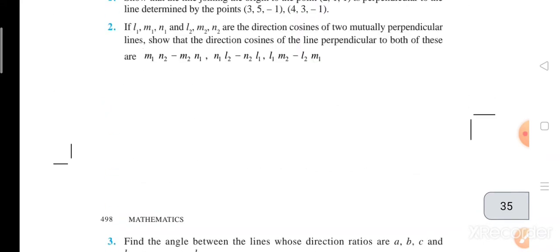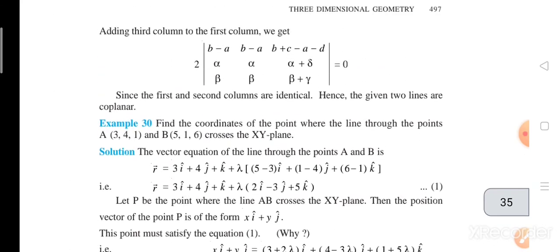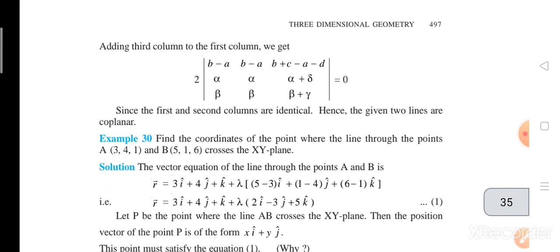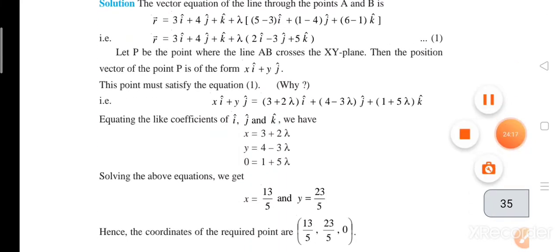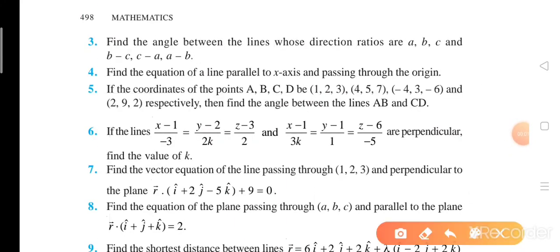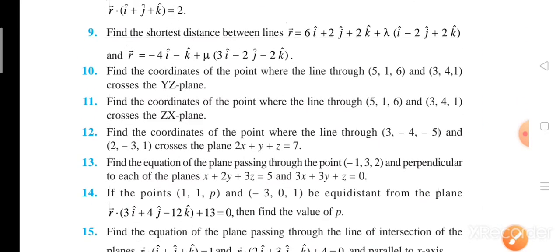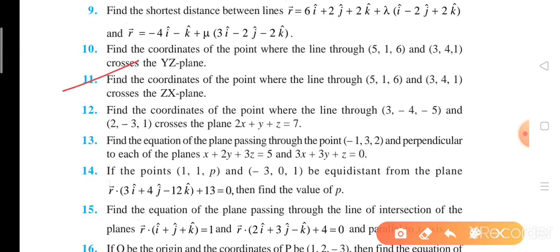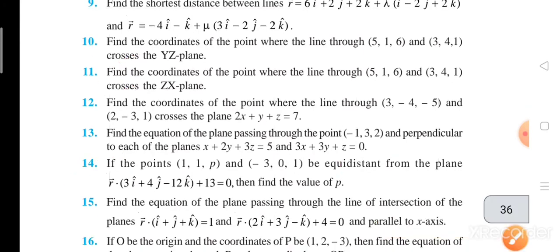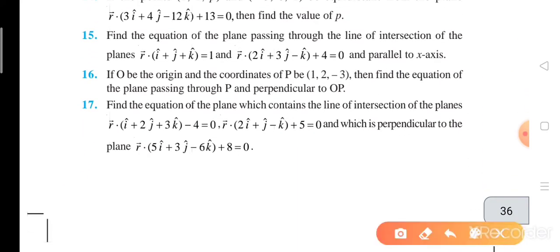Now from the miscellaneous exercise of this chapter, we have question number 5, 9, 11, 14, 15 and 17.